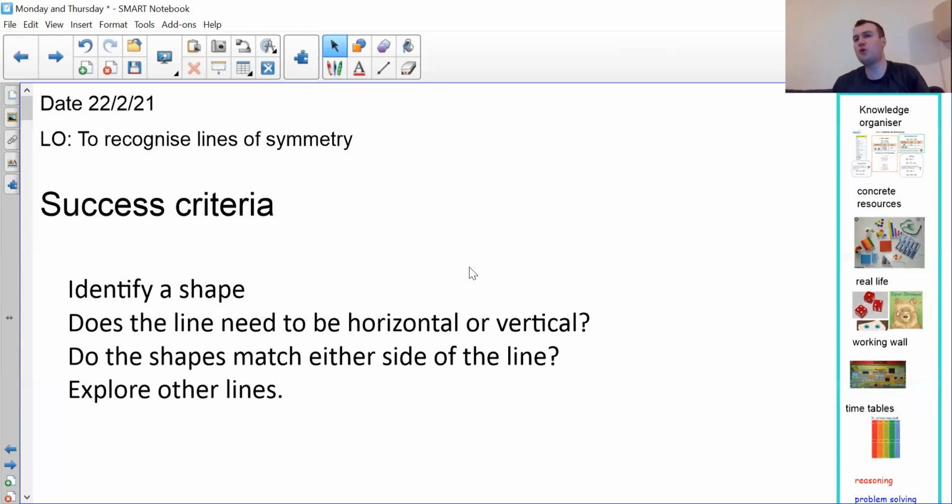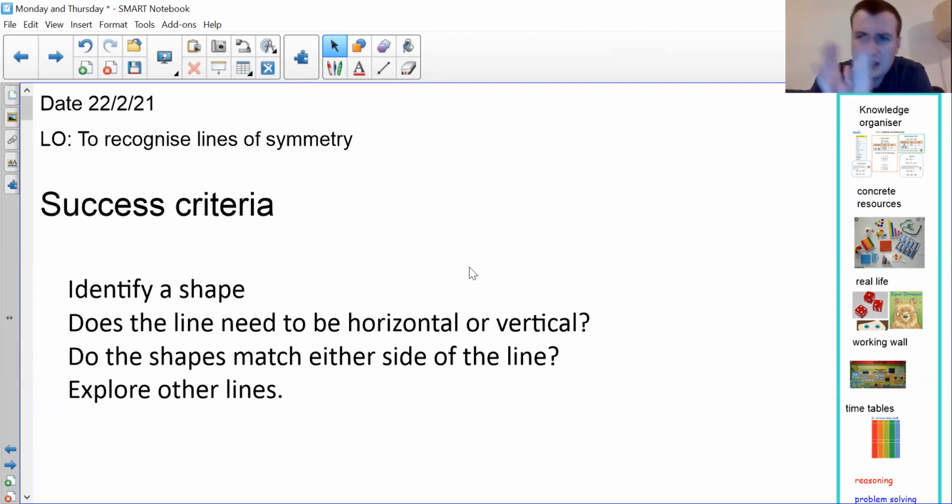Right, so we are carrying on with shape this week, and today we are kicking it off with looking at lines of symmetry. So to succeed in being able to recognize lines of symmetry, we need to identify a shape and then have a look, is it horizontal or vertical?